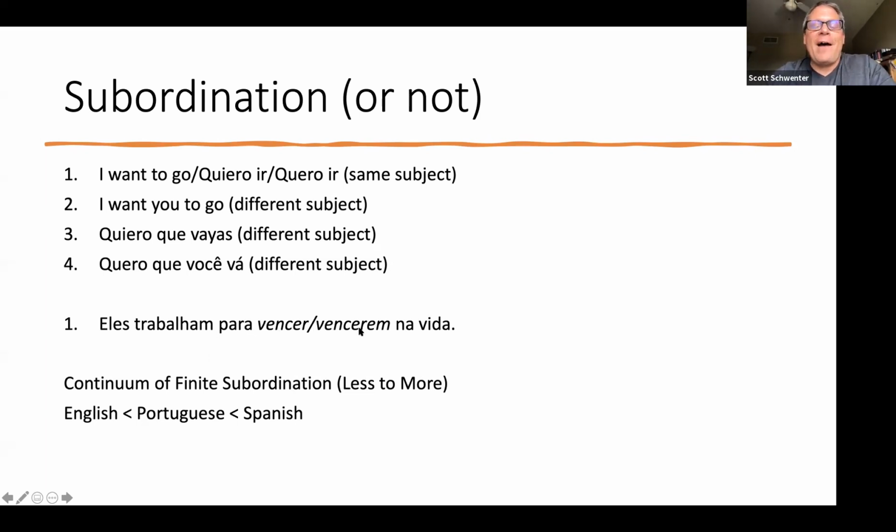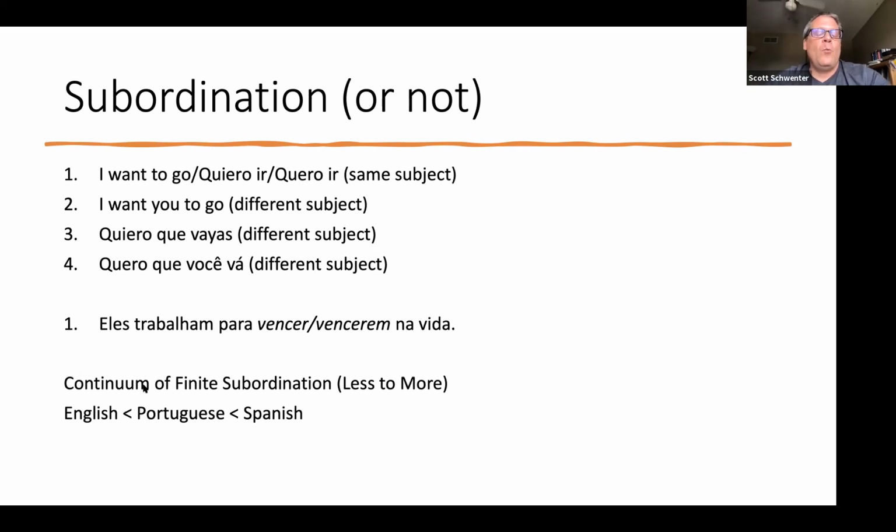And these don't necessarily have the same interpretation. So eles trabalham para vencer na vida, right? That's they work in order to be successful, to conquer in life. But the idea is, well, everybody does, right? Whereas eles trabalham para vencerem na vida is they work so that those same people can be successful at life, okay? So it's a little bit different interpretation.